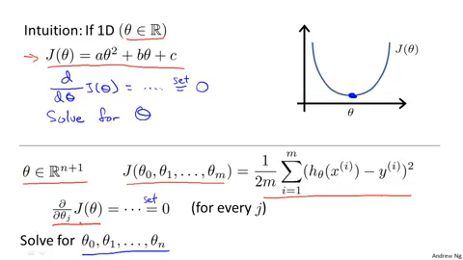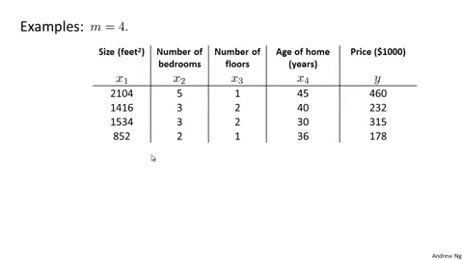I realize some of the comments I made may have made more sense only to those of you that are a little more familiar with calculus. But if you're less familiar with calculus, don't worry about it. I'm just going to tell you what you need to know in order to implement this algorithm and get it to work.